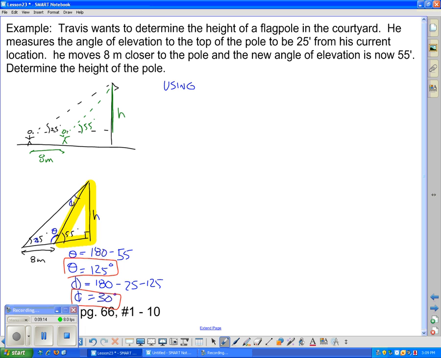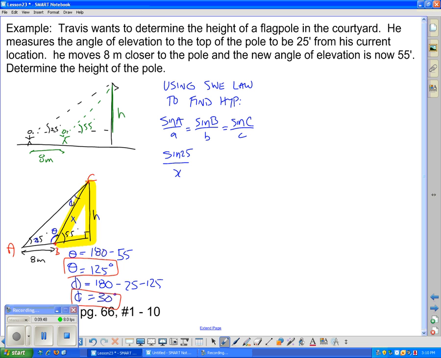So using sine law to find the hypotenuse, I know that sine A over a equals sine B over b equals sine C over c. Subbing in the information, I'll just arbitrarily label it A, B, and C. So sine of 25 equals x.